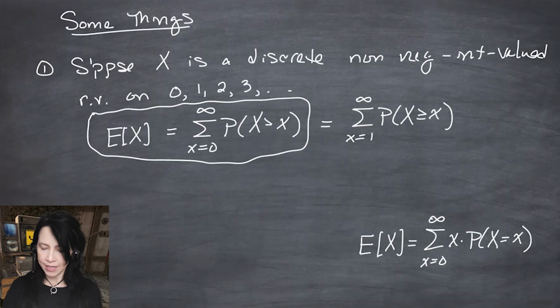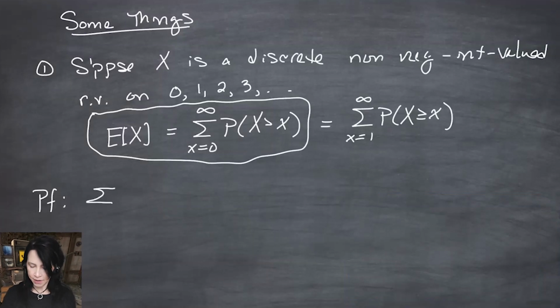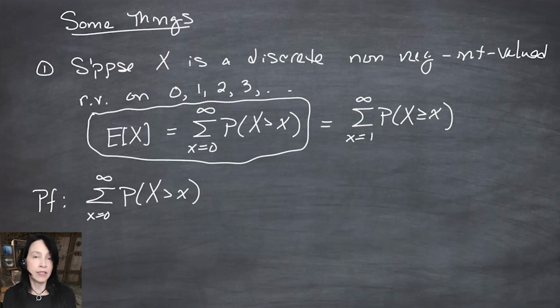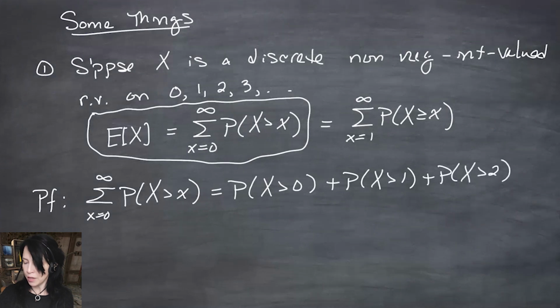So let's prove this. Let me get rid of this over here. To prove this, I'm going to start with the right-hand side, the sum as x goes from 0 to infinity of the probability that X is greater than x. X is integer valued, non-negative integers in particular, but if I write out a few terms, this is the probability that X is greater than 0, plus the probability that X is greater than 1, plus the probability that X is greater than 2, plus and so on.